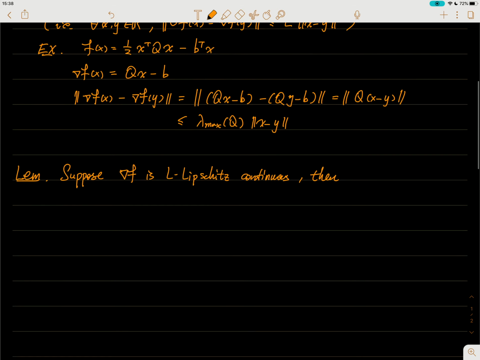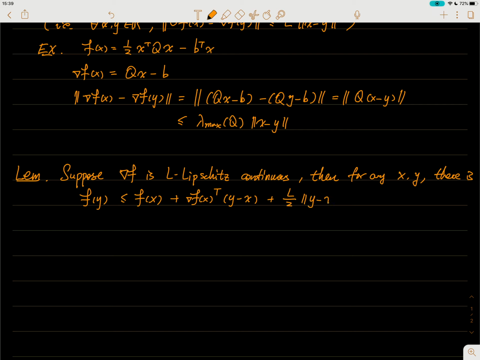Then I can show that for any x and y, f of y is less than or equal to f of x plus the gradient of f at x, you know this is a vector, right? So it's a gradient of f at x. So it's a vector. I will multiply this with y minus x. So both are vectors. So I'm taking the inner product of these two vectors, and then this. Okay, for any x and y, I will have this.